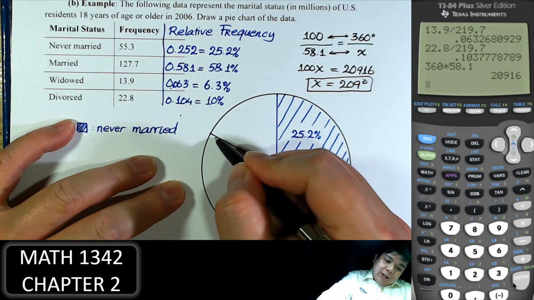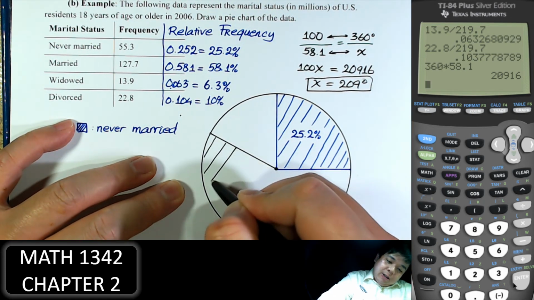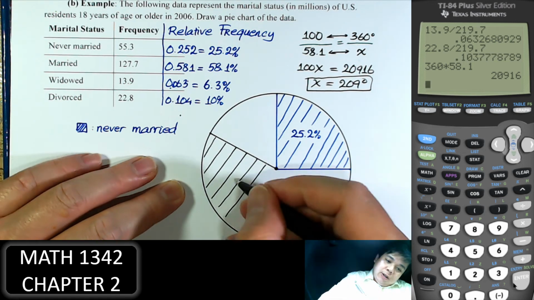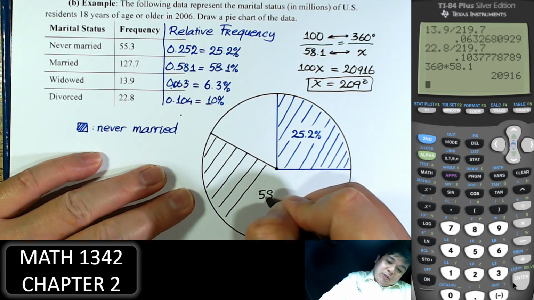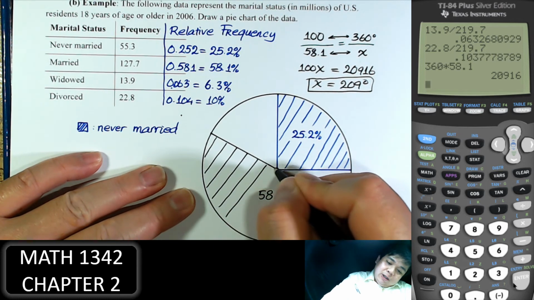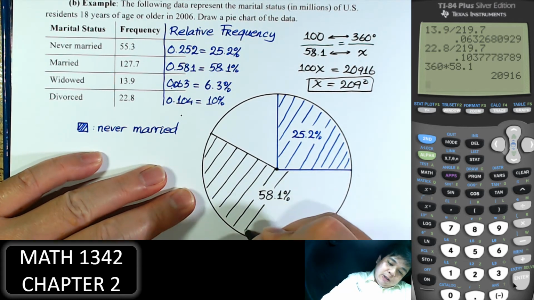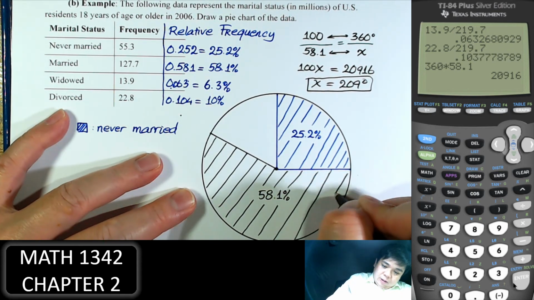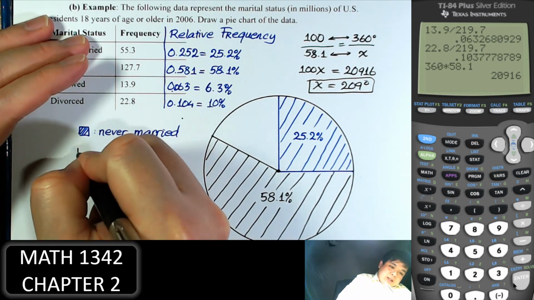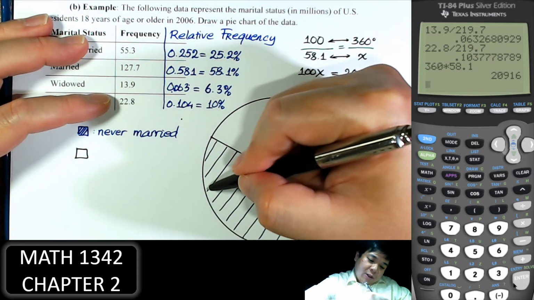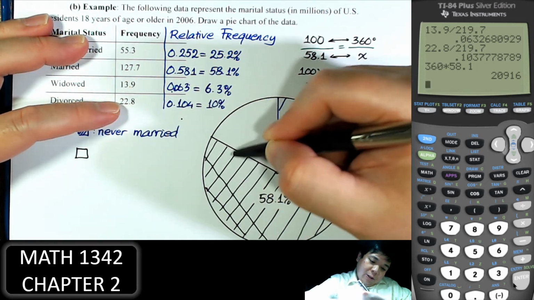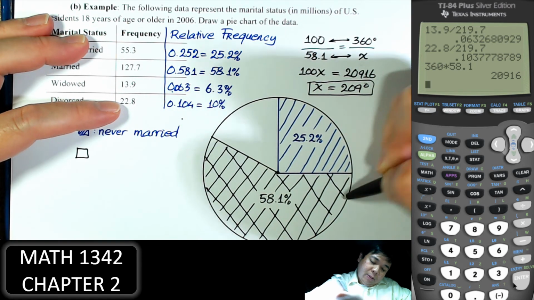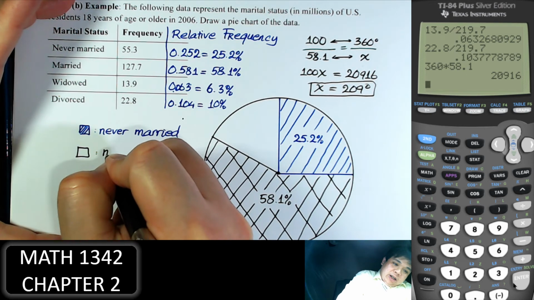So this is 58.1%. Right, we use this. This is for married.